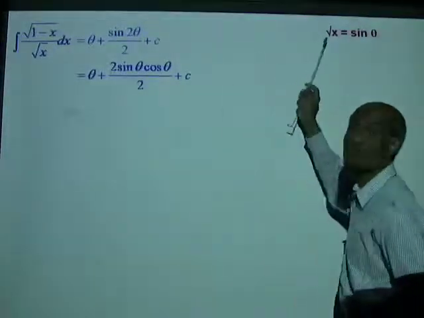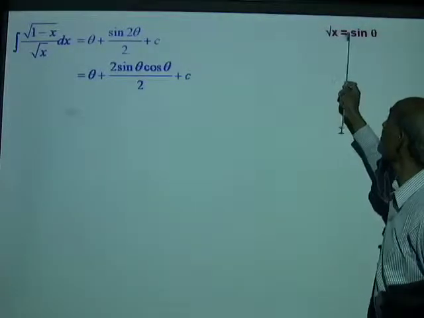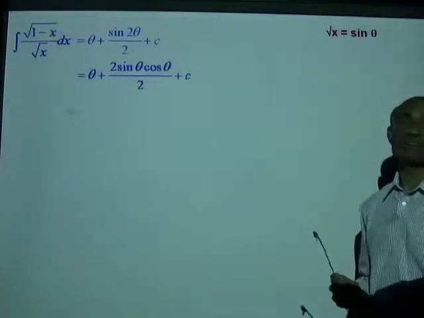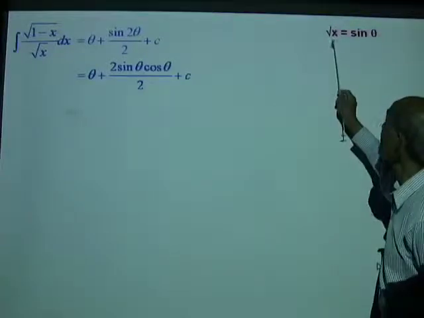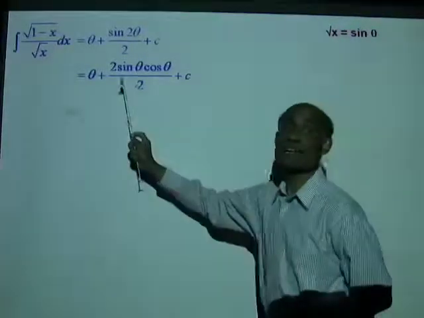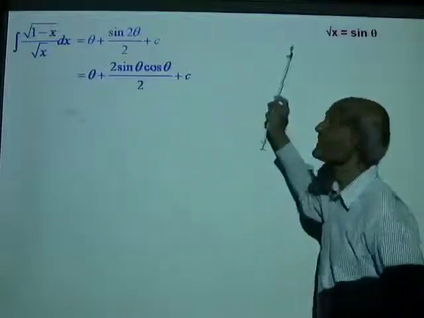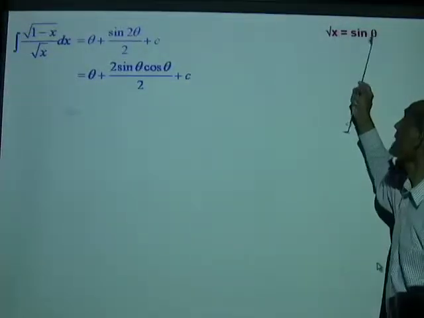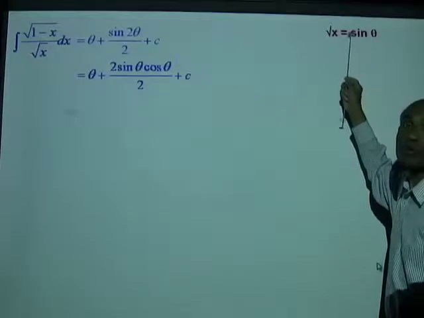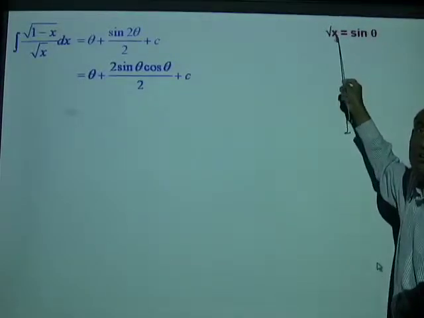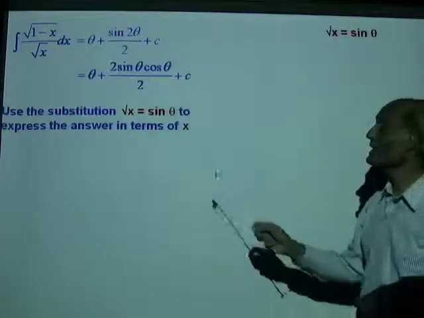And our substitution, if you remember, is square root x equals sine theta. Alright, tell me, if square root x equals sine theta, what is theta equal to? If square root x equals sine theta, then theta equals arc sine of square root x. That's right.